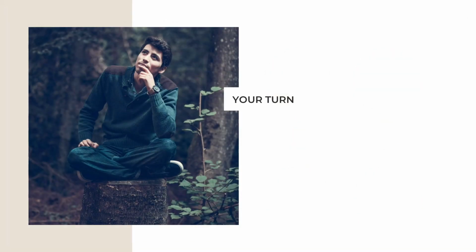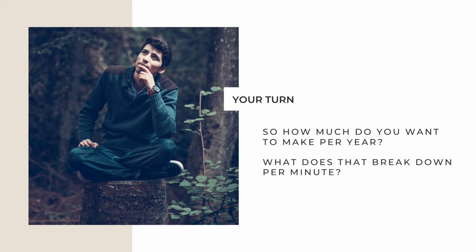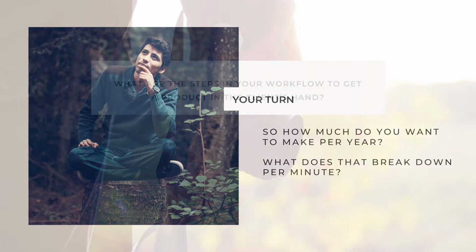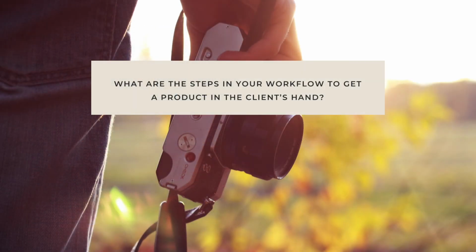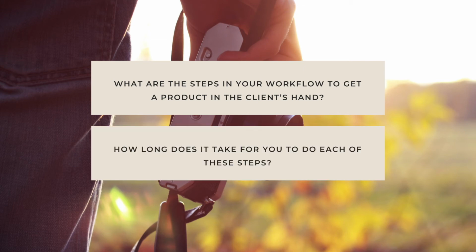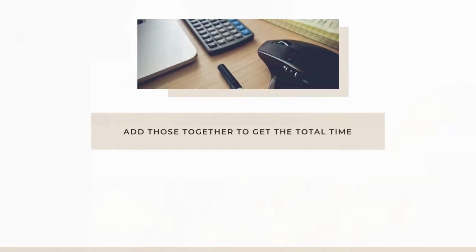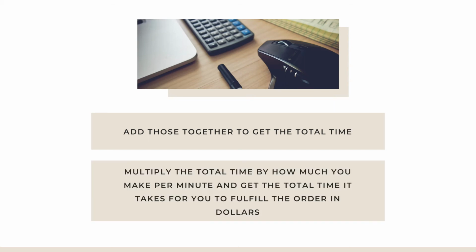Okay, now it's your turn. How much do you want to make per year? What does that break down to per minute? What are the steps in your workflow to get a product in the client's hand? How long does it take for you to do each of these steps? Add those together to get the total time.